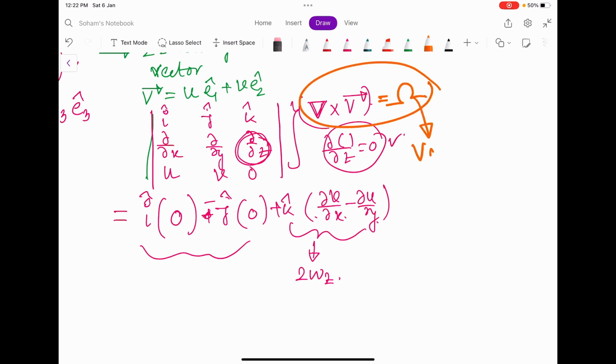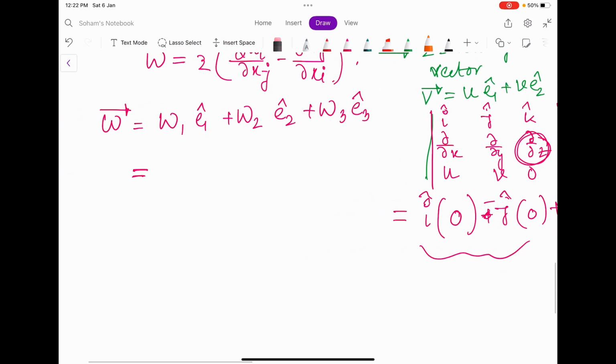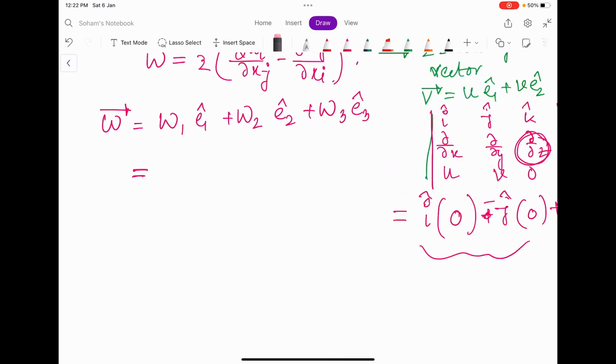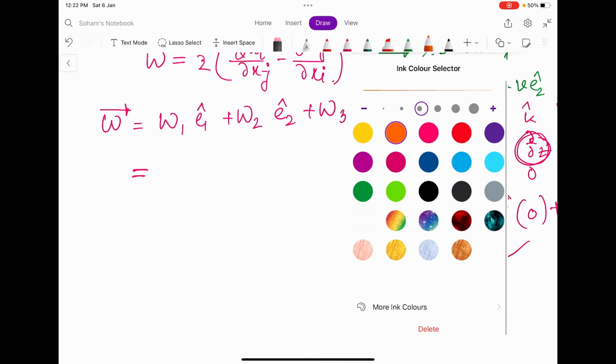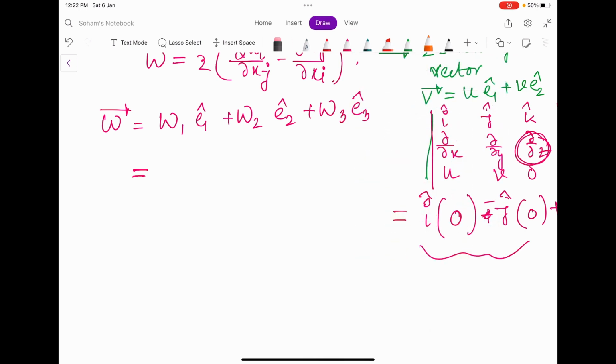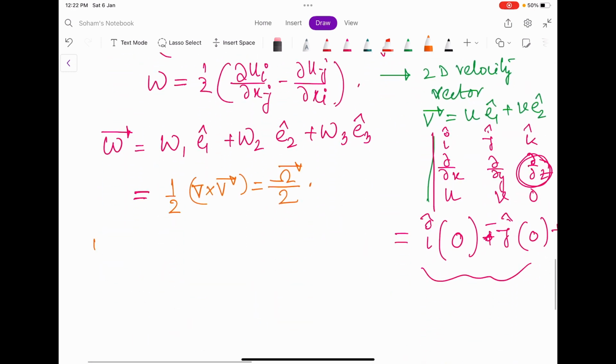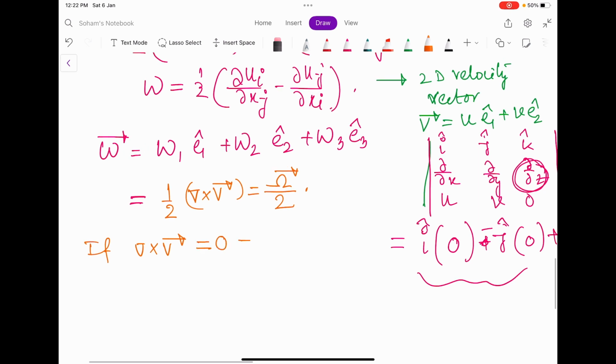By now you know that this vector is half of the vorticity vector, that is, half of curl of V. If curl of V is equal to 0, then the flow is irrotational.